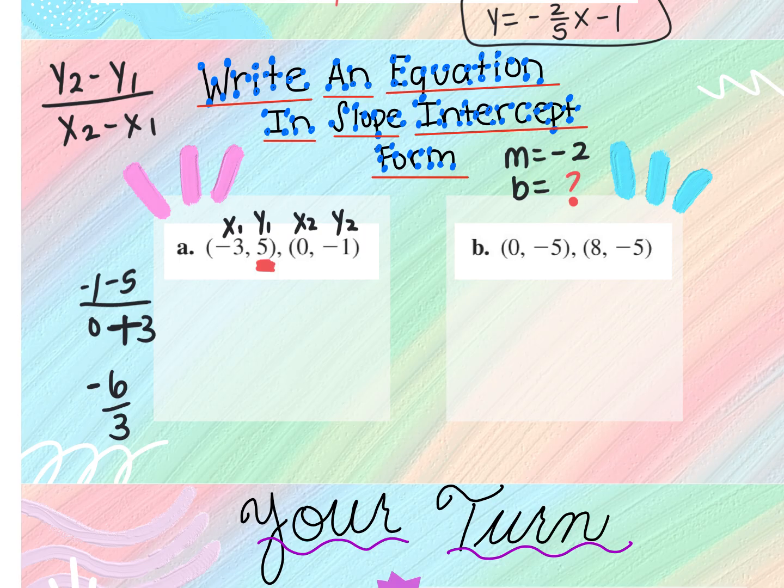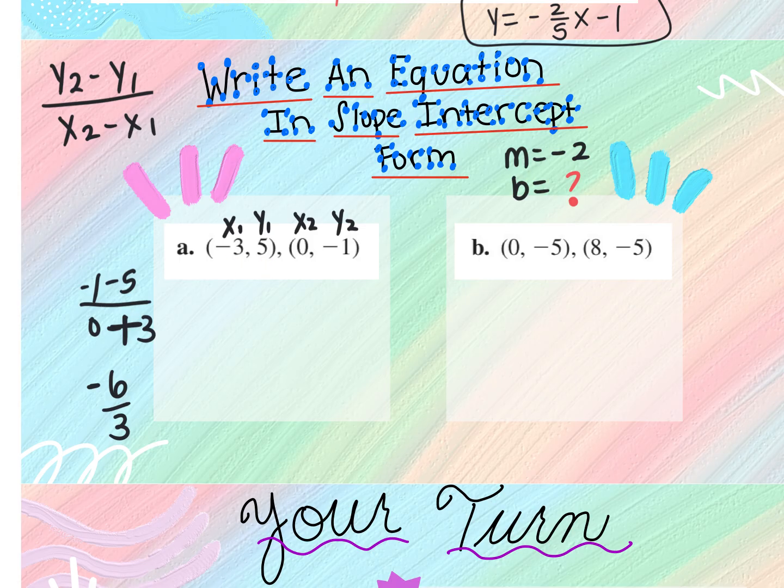How do I know that's not where it would cross the y-axis? Because the x is not at 0. Isn't the y-intercept going to be 0 comma something? Yeah. So negative 3 comma 5 is a point on the line, but it's not the y-intercept.